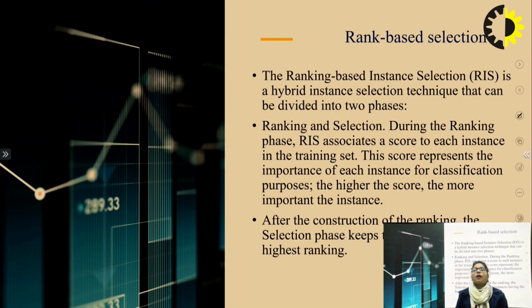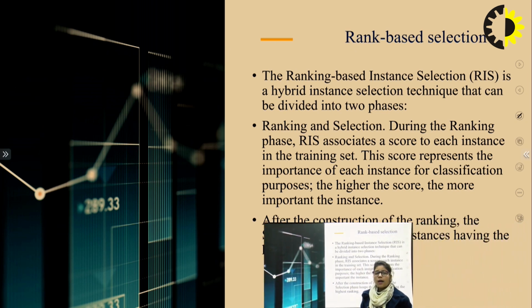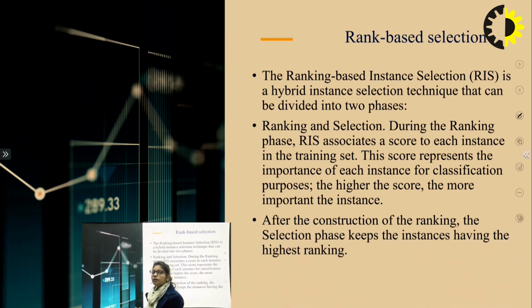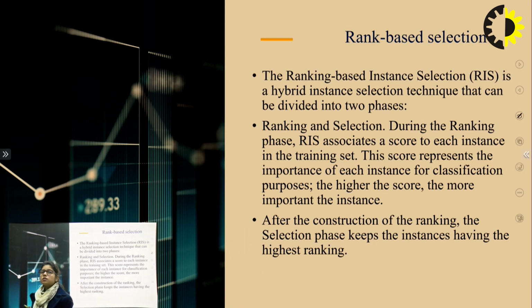Next is rank-based selection. Rank-based selection is a hybrid instance selection technique that can be divided into two phases, ranking and selection. During the ranking phase, rank-based instance selection associates a score with each instance in a training set.